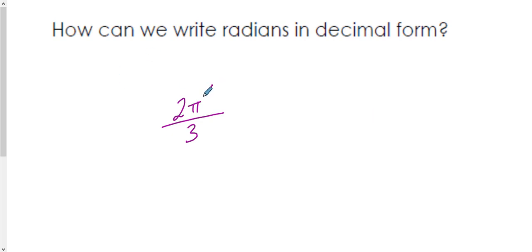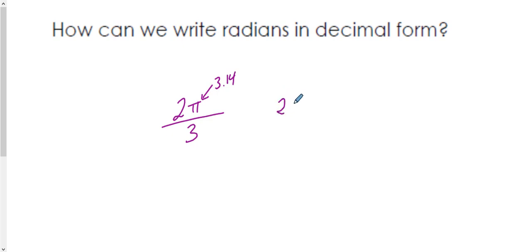This symbol right here can be rewritten as 3.14. Now, I know 2/3 can be rewritten as 0.67, and that's fine too. If you want to write that as 0.67 and then rewrite this as 3.14, then you could write the radians in decimal form of this as well. But this is really the only one that we need to change.